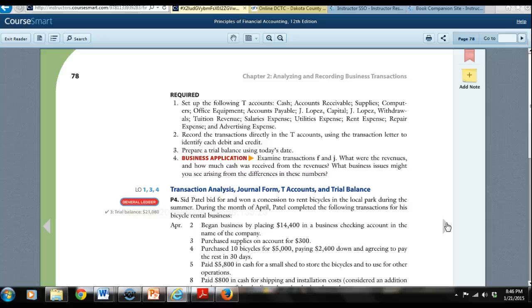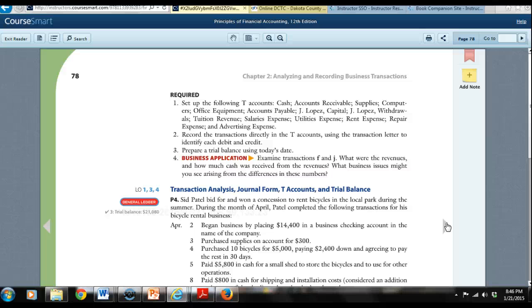Okay? The big to the far left. Right underneath it, it should be accounts receivable. Underneath that, supplies. Underneath that one, computers. Then, office equipment.